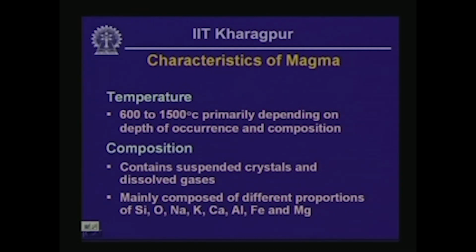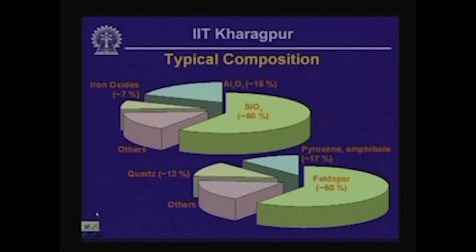Now, if you look at the mineralogical composition, you will see that magma is mainly composed of about 7 or 8 elements, and they are silicon, oxygen, sodium, potassium, calcium, aluminum, iron and magnesium. These are the major components, and they form the major proportion of the mass of the partially molten material.